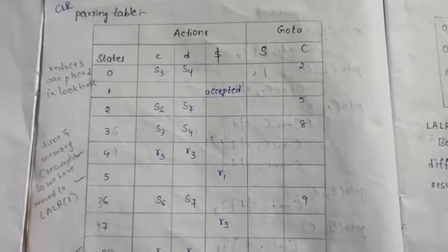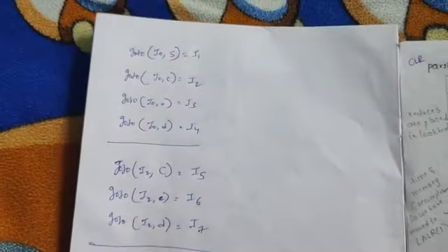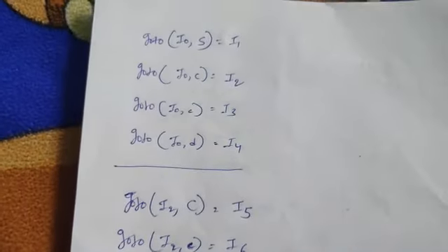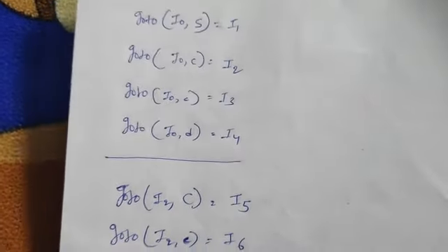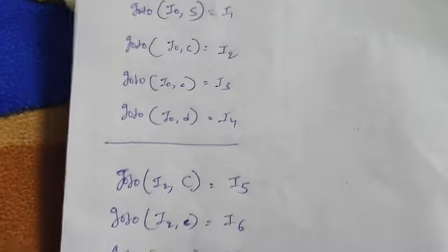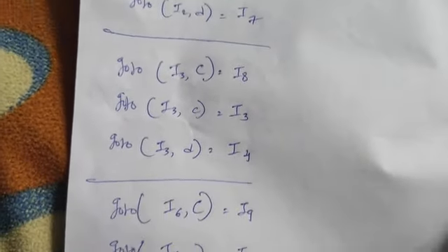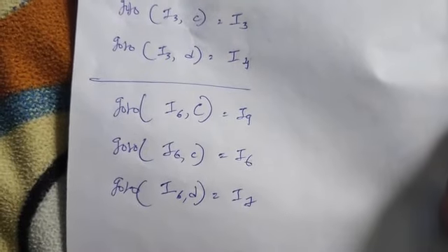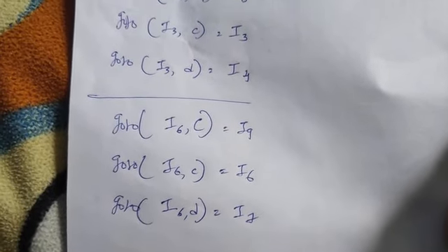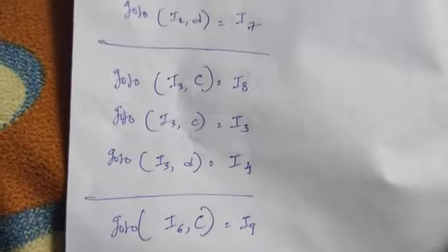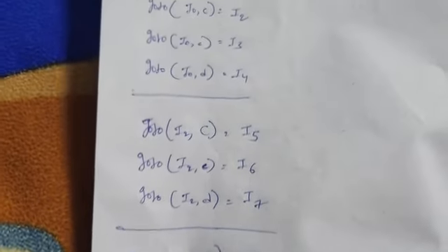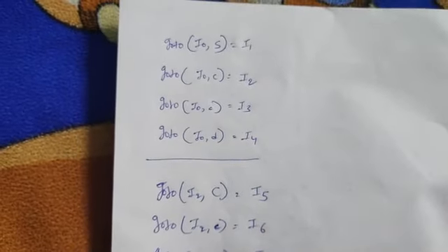Before constructing this parsing table, you need to write all the go-to statements on one page. Only then can we construct our parsing table simply. These are nothing but the go-to statements from the procedure we have discussed up to now.